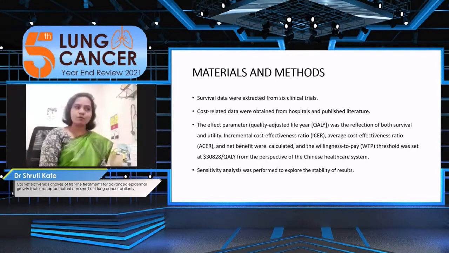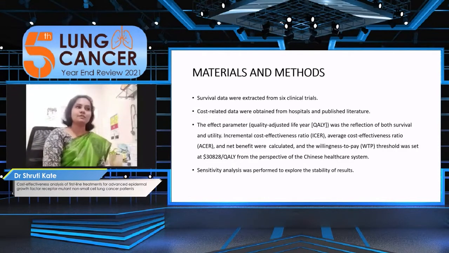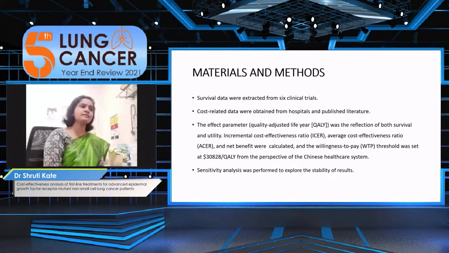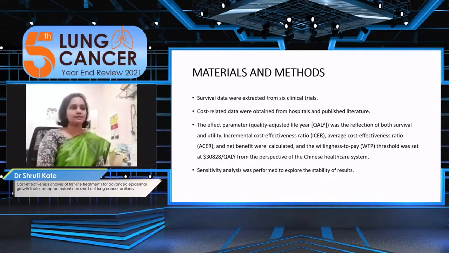Then incremental cost effectiveness ratio, ICER, average cost effectiveness ratio, and net benefit were calculated, as well as the willingness to pay, WTP, threshold, which was set from the perspective of the Chinese healthcare system. Sensitivity analysis was performed to explore the stability of results. Intergroup comparisons among multiple trials were done by the Markov model method.